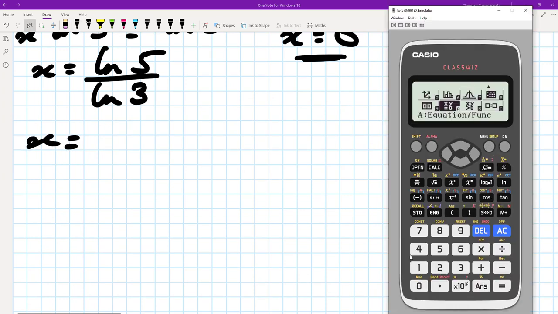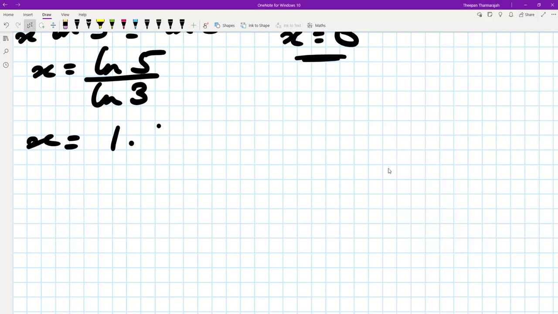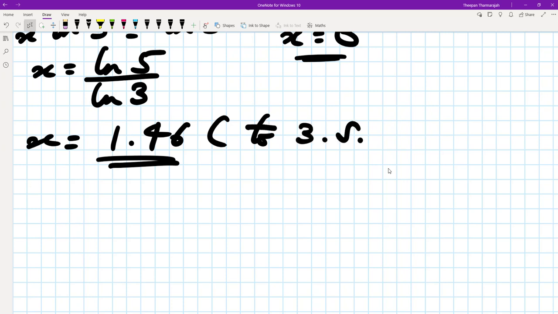So we get ln 5 over ln 3. Three significant figures is 1.46, correct to three significant figures.